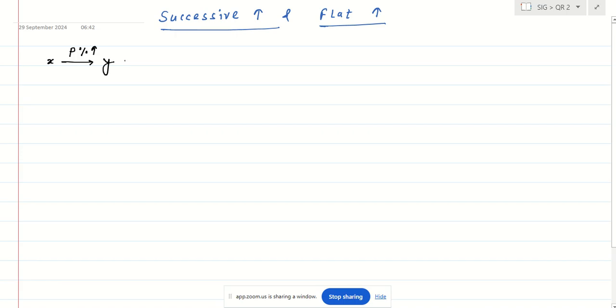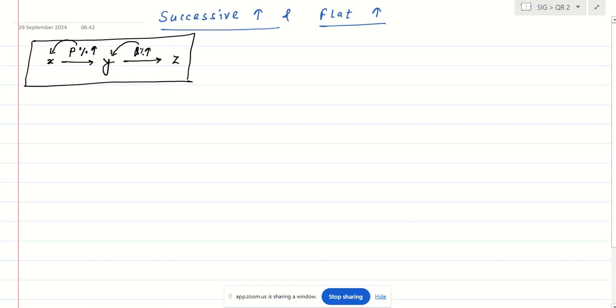And again an increment of q%, I'll get some value z. This is the trivial example of percent successive increment. Why? The first increment is of x, the second q% increment is of y, and that is an example of successive increment.